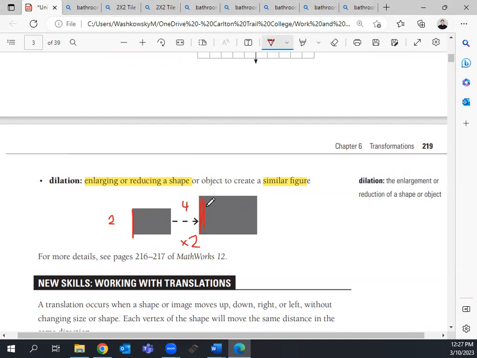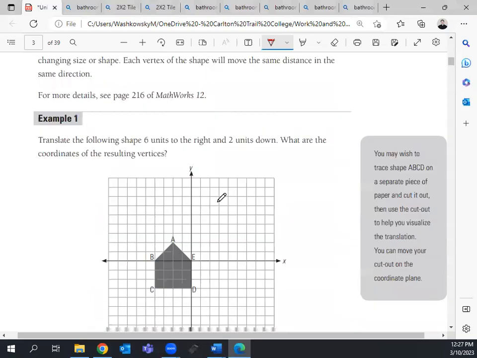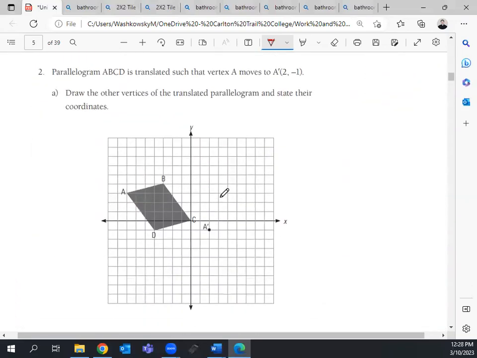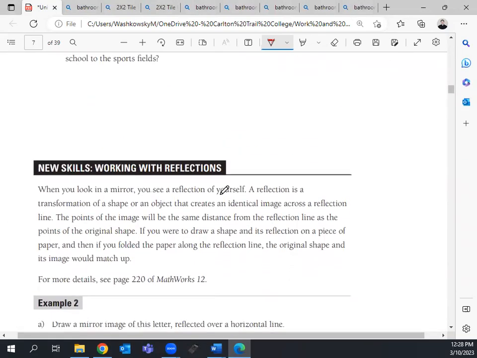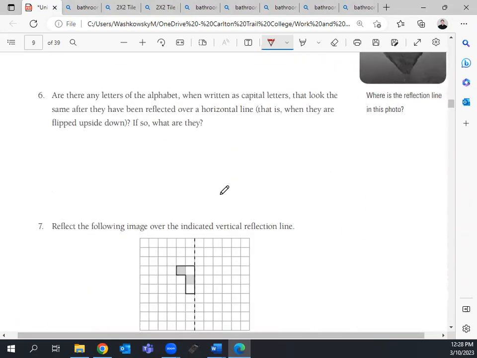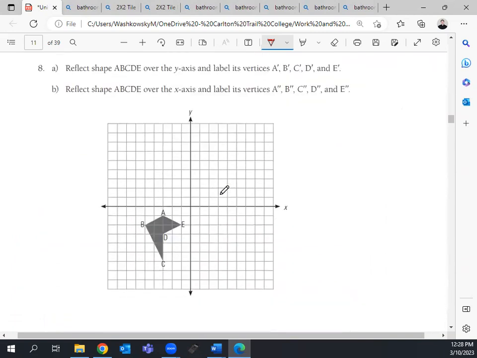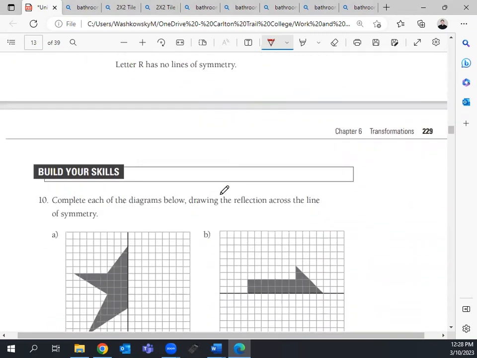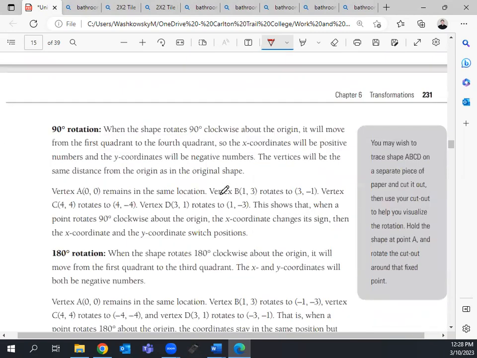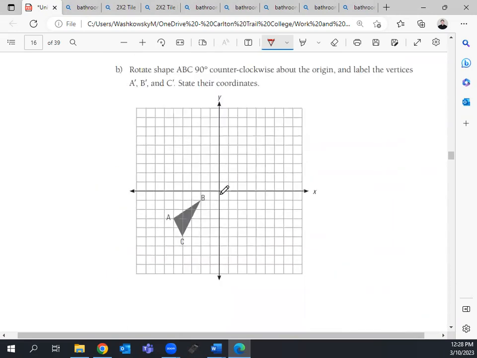So I just want to do one quick example before we go into something here. And that is on, what page was that? Dilation. It's quite a bit farther down.